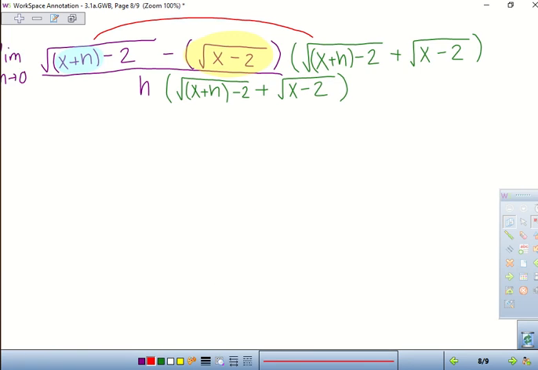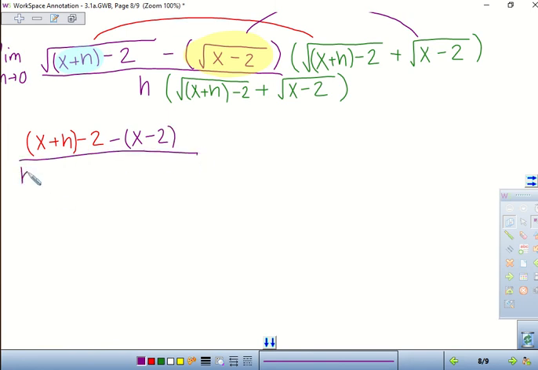And what's going to happen when I multiply our square root by its exact self? It's going to cancel the square root. Good. It's going to cancel the square root. Leaves me with this. And then I'm going to multiply the last, which also cancels the square root, right? And this is all over all that stuff from the denominator.